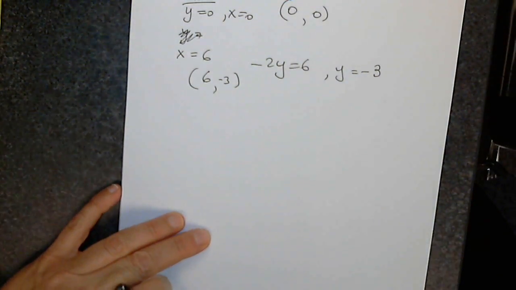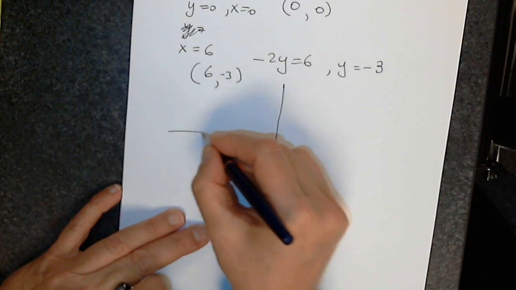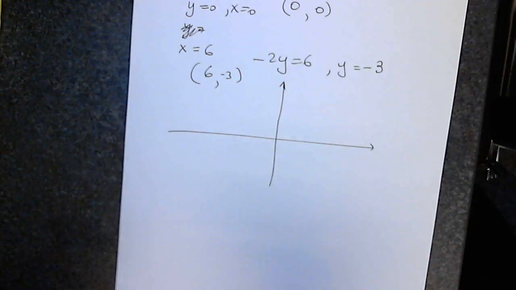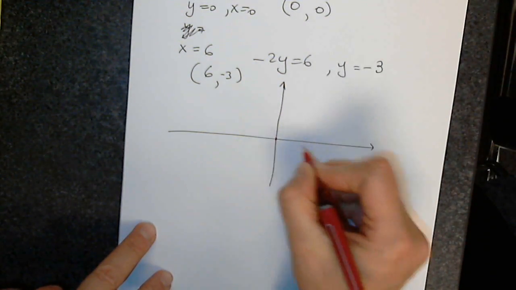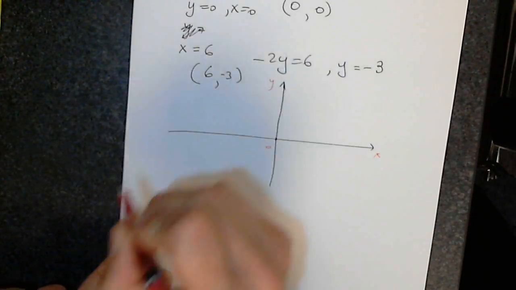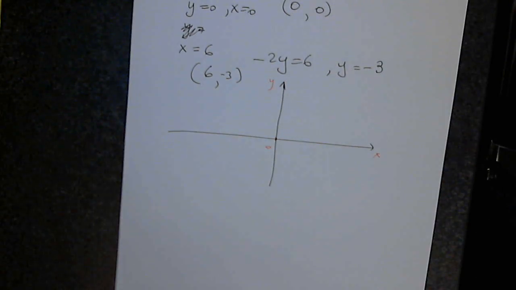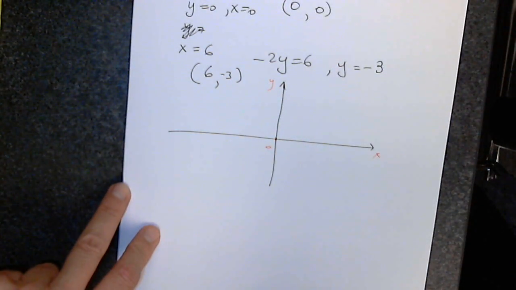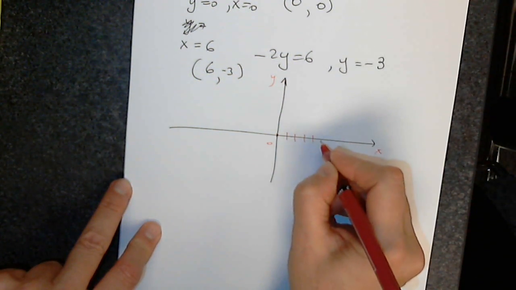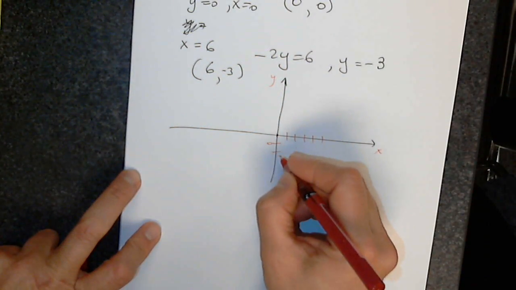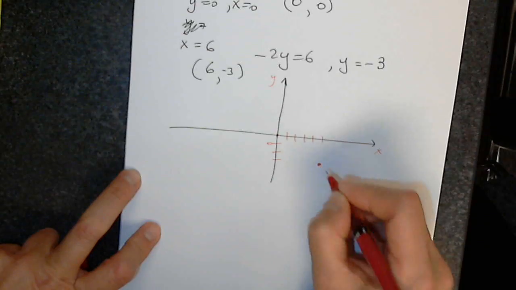So then I will plot the origin because that's the first point. Okay, this is x, 0, y. And then the other point will be, one more time, 6 for x and negative 3 for y. And here's the point.